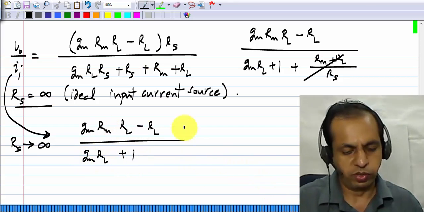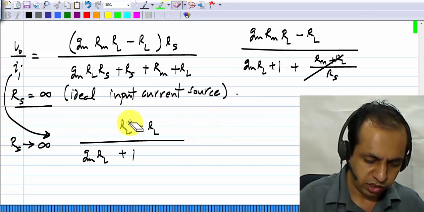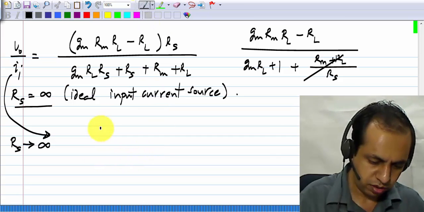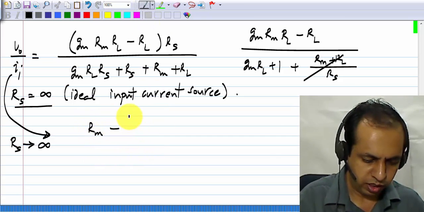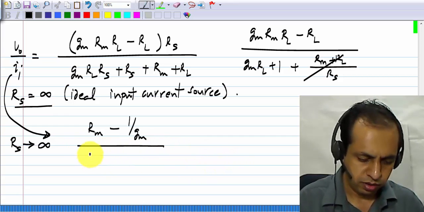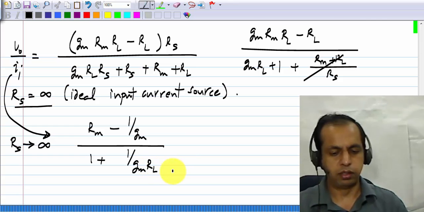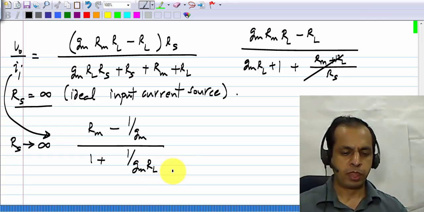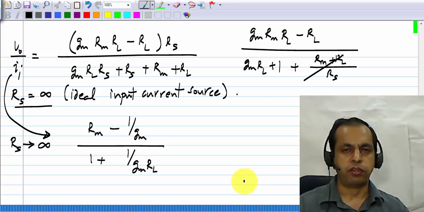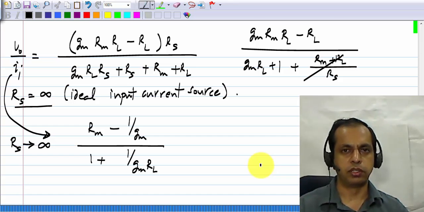What I'll do is I'll divide all the terms by GM RL. So in that case, I'll get RM minus 1 by GM divided by 1 plus 1 by GM RL. So this is the expression if RS is infinity, that is if the current controlled voltage source is driven by an ideal current source.